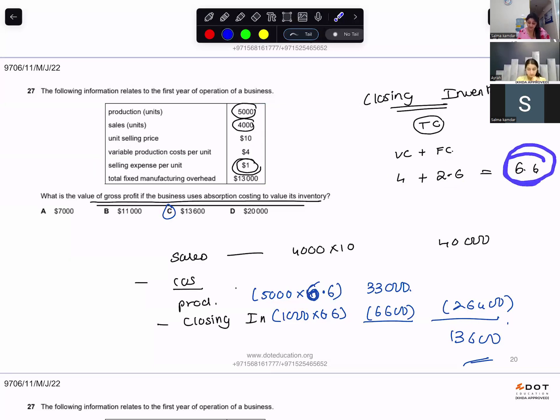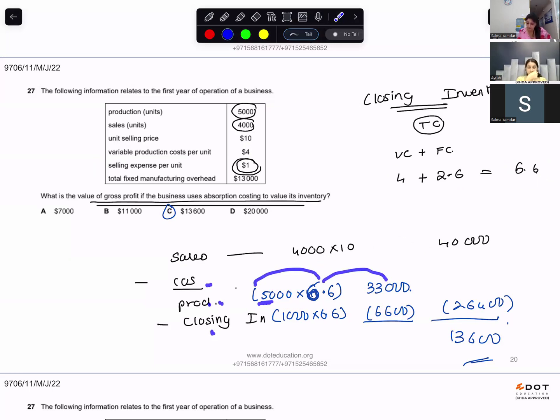Now you're doing your sales. Sales is 4,000 units multiplied by 10, which is 40,000. Minus cost of sales. You produce 5,000 units, valuing it at 6.6, so it will become 33,000. Cost of sales is production minus the closing inventory. Since you have no opening inventory, you're not adding it.